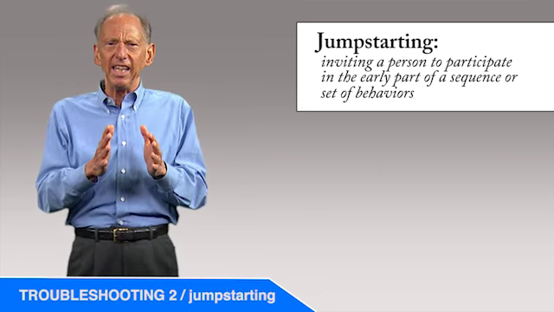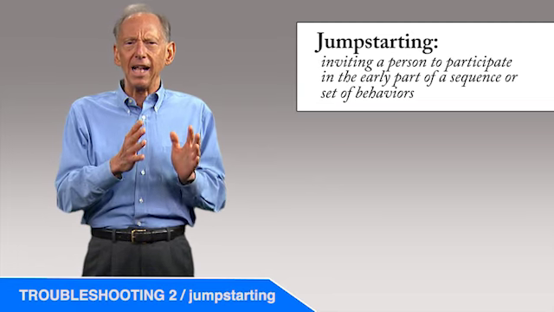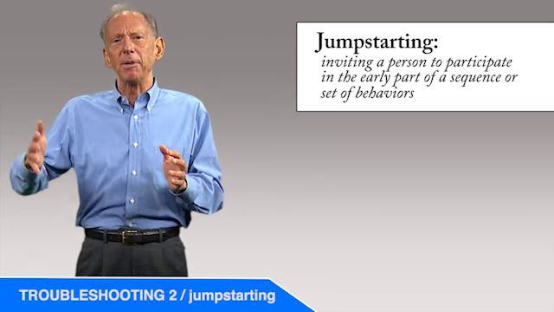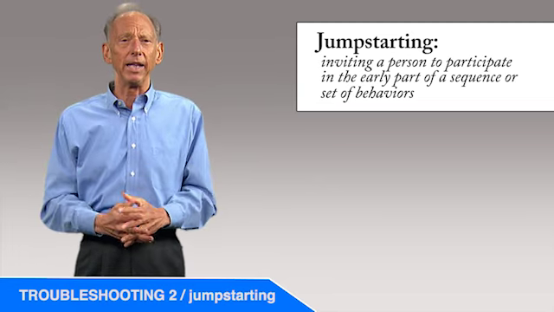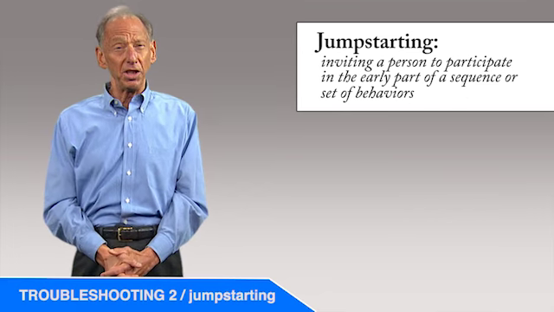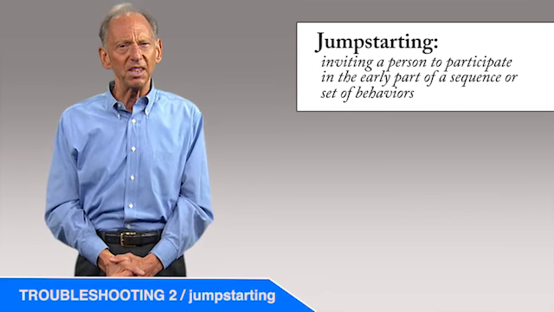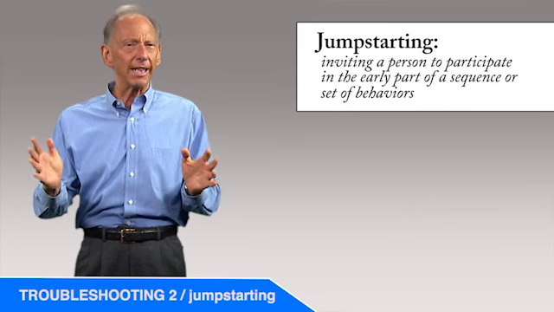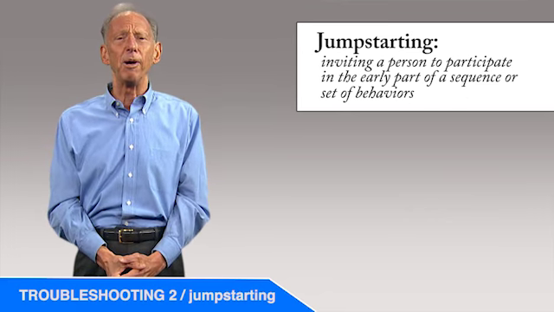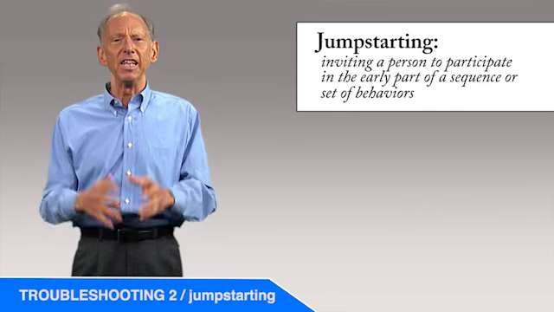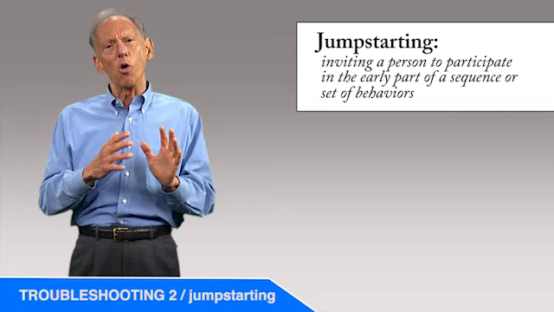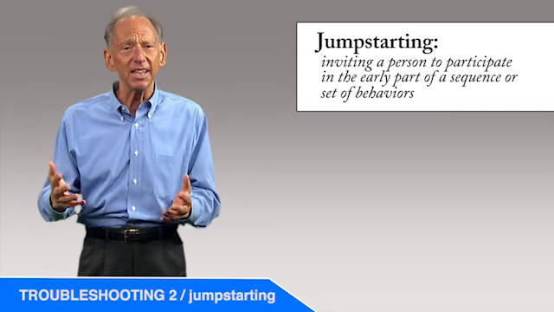When a person is in the early part, the likelihood of proceeding through the next step and the next step and the next step is greatly increased. This procedure comes from research on sequences of behavior and has a much more technical name called response priming. The entire sequence is primed or greatly increased by just beginning the sequence.